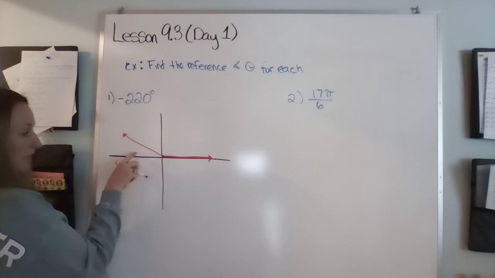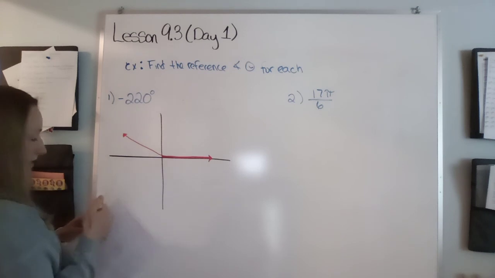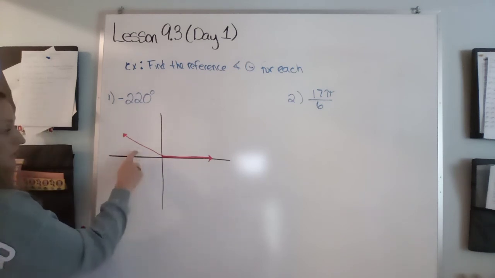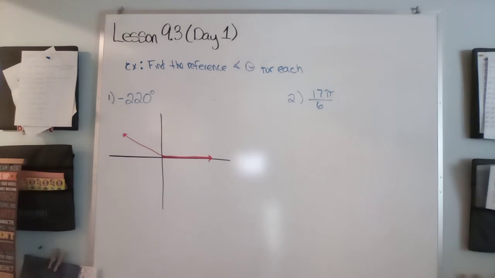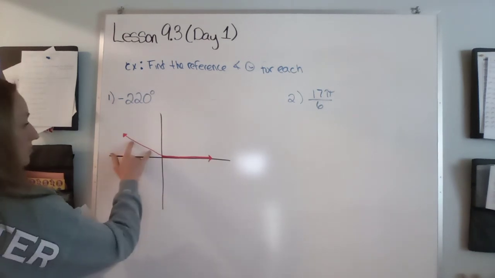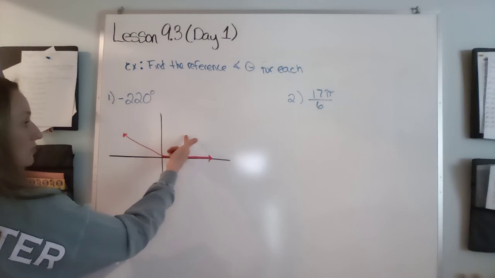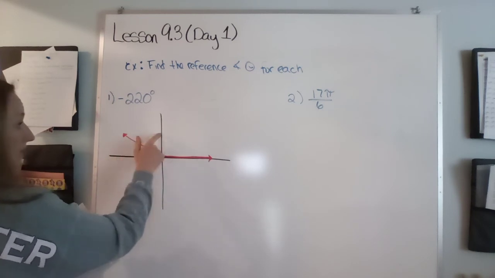Now, remember what I said. How much further did we have to go? How far away is this terminal side from the x-axis? It's 40 degrees further, right? Because we were at 180 and then we had to go another 40 degrees. The reason that's important is because when you're finding the reference angle, you're going to put this terminal side back into the first quadrant, but it needs to be the same distance away from both the x and the y.